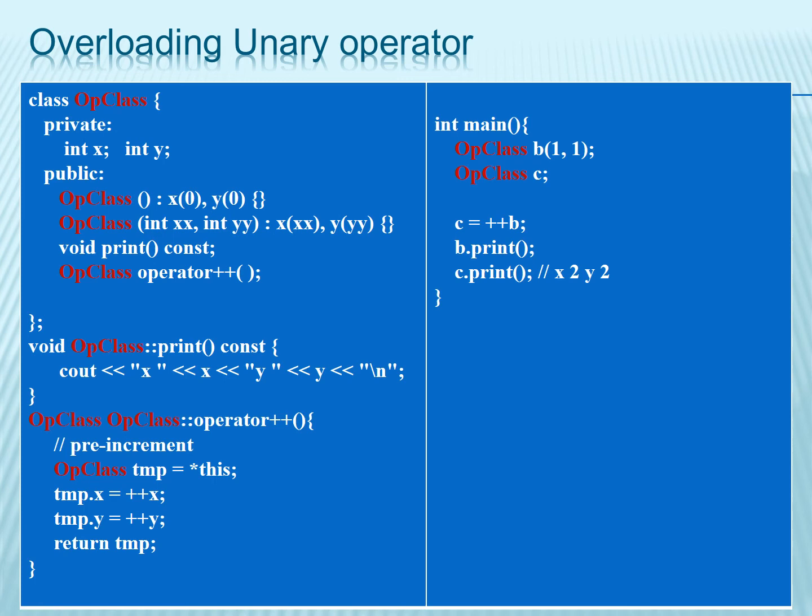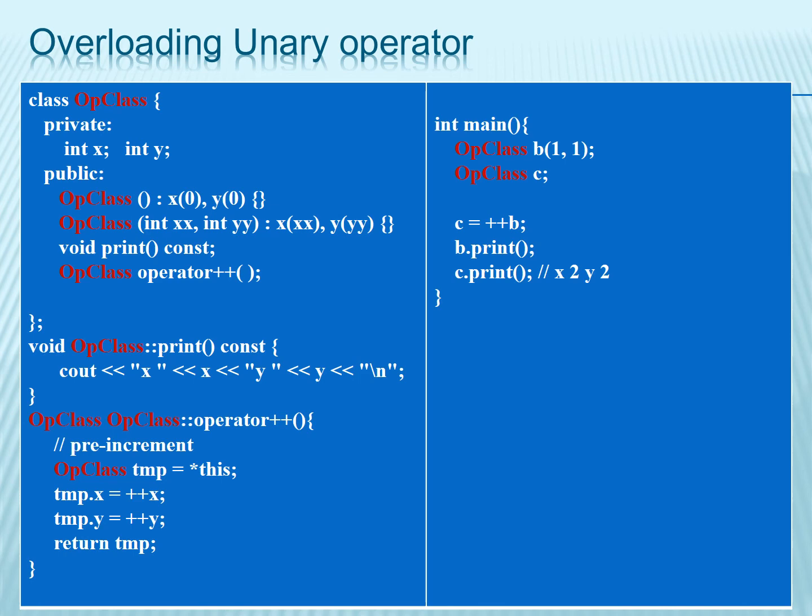Note that when a unary operator is overloaded, it does not receive any argument. It only has the return type. We increment the values of x and y in the overloaded function and return the object of type tmp.